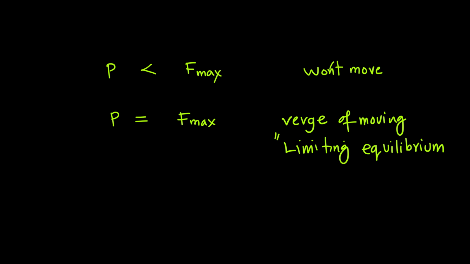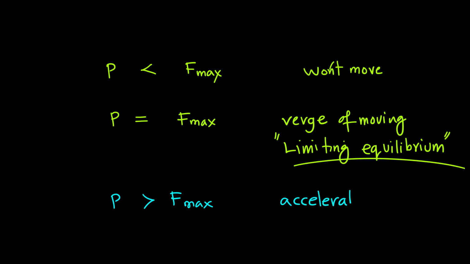Equilibrium with friction in it at the verge of moving is known as limiting equilibrium. But if the applied force is greater than Fmax, the particle moves, the particle accelerates, and then we can apply the equation: resultant force is mass into acceleration.